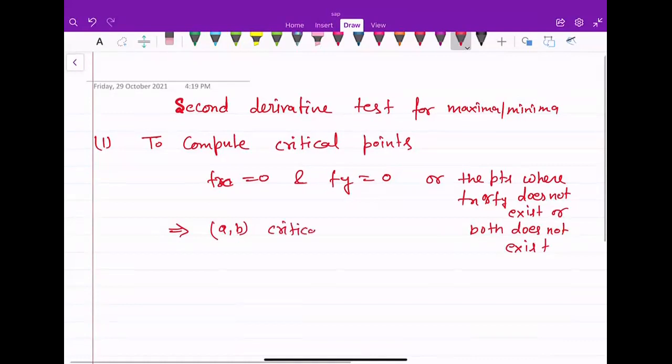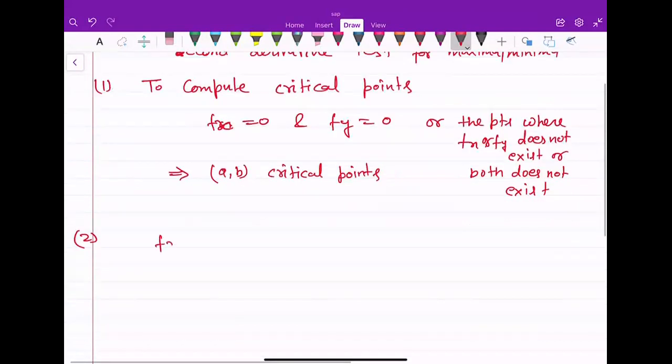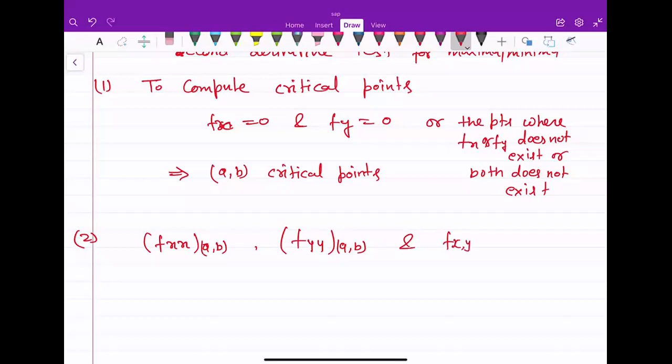After that, we will compute the second derivatives: fxx at the point (a,b), fyy at the point (a,b), and fxy at the point (a,b). Then we will check the sign of fxx.